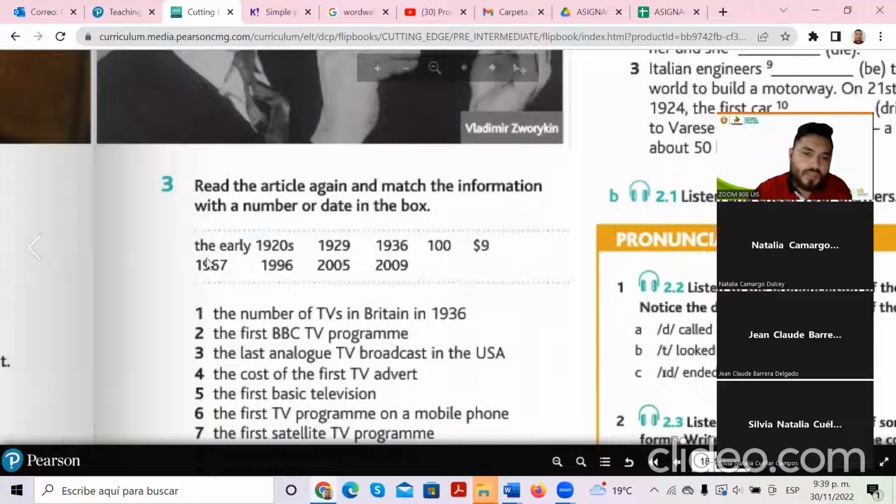So when numbers come before the 2000s, we say 19 and then the second number. Okay, 1929, 1936, 1967, 1996, 2005, 2009.